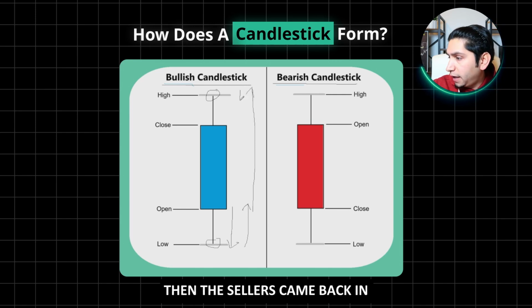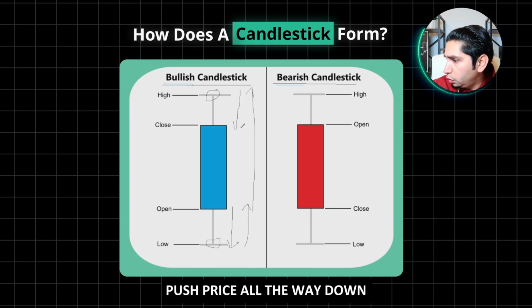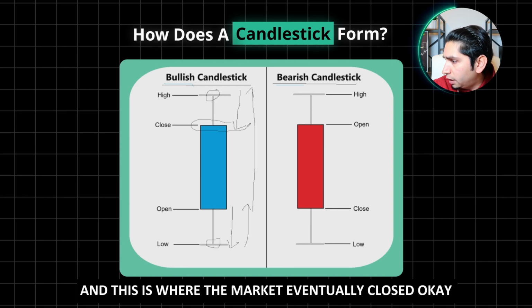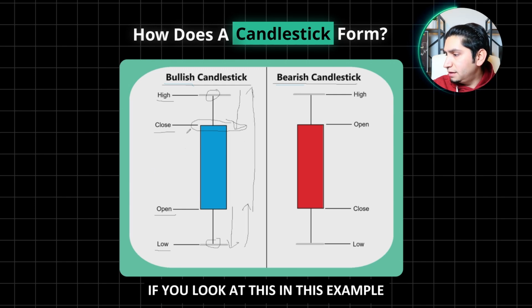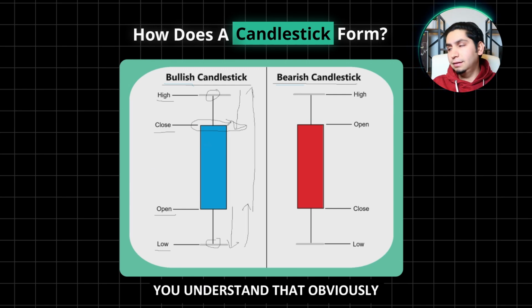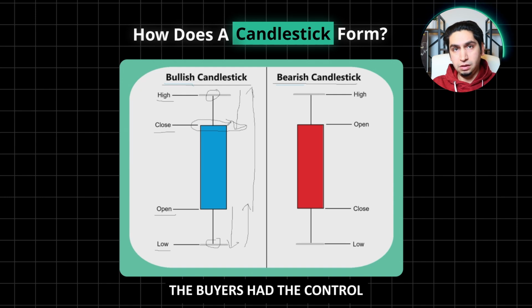Then the sellers came back in, pushed price all the way down, and this is where the market eventually closed. Okay? And just by looking at this, we managed to pick 4 key information: the high, the close, the open, and the low. If you look at this, in this example, you understand that obviously the buyers had the control.